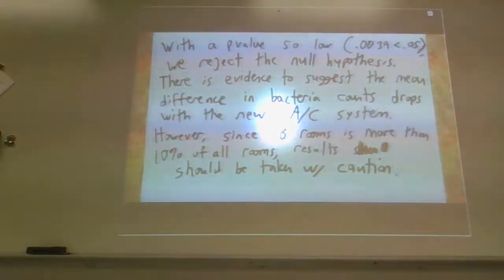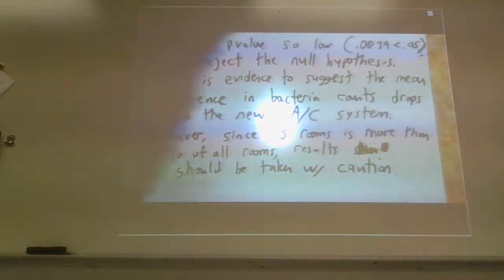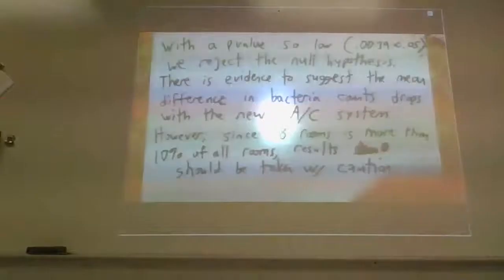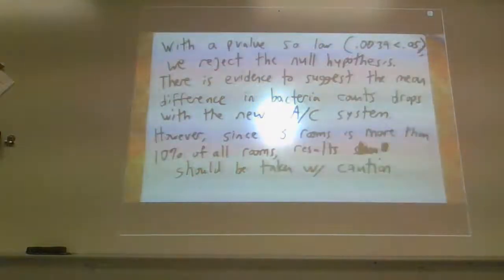In fact, I wonder if the back of the book even said anything to that effect. I don't normally read the back here. 29. It says data are matched pairs. You know what they say? Here, check this out. It says data are matched pairs, less than 10% of all rooms in a large hotel.